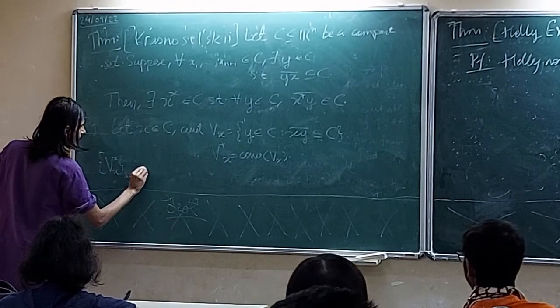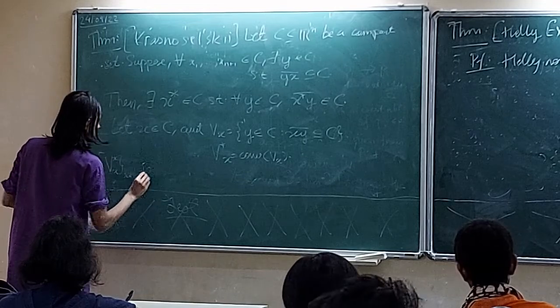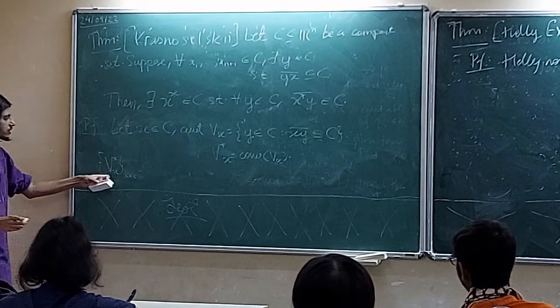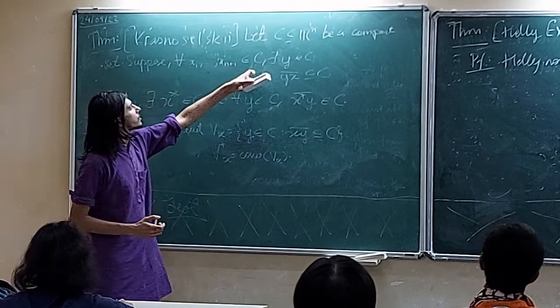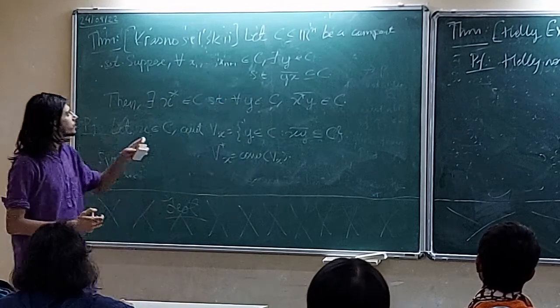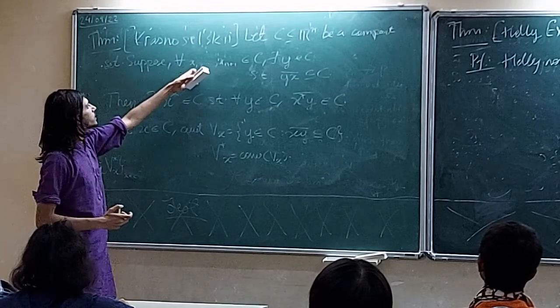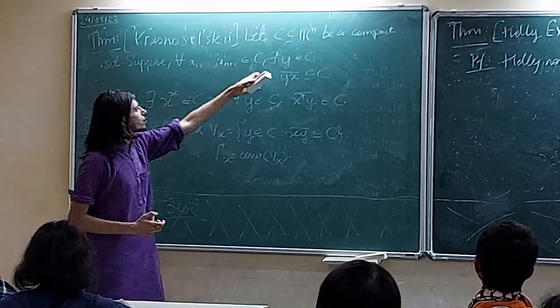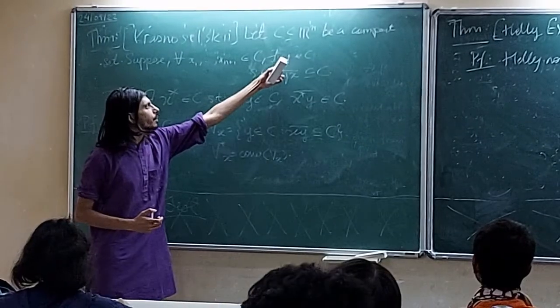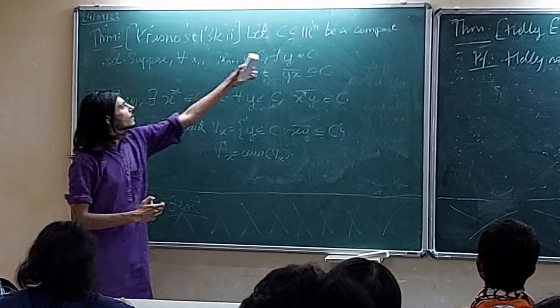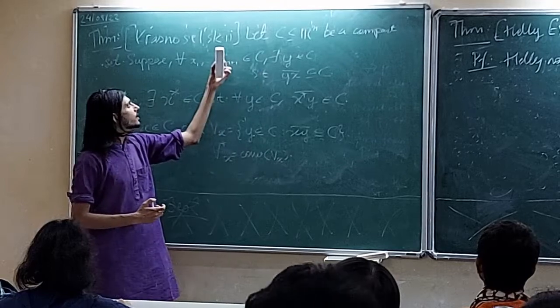And can we apply Helly's theorem to this? Yes, because that's exactly what the hypothesis says. You see, what does the hypothesis say? The hypothesis says that if you take any points x1 up to xn plus 1, there is one point such that it's visible to each of them, right? So if y is such a point, then y is in Vx1, y is in Vx2, up till y being in Vxn plus 1.